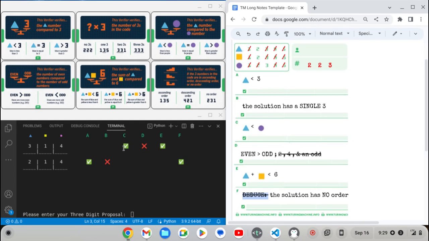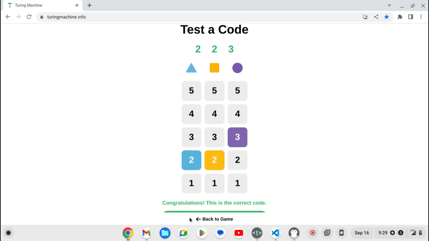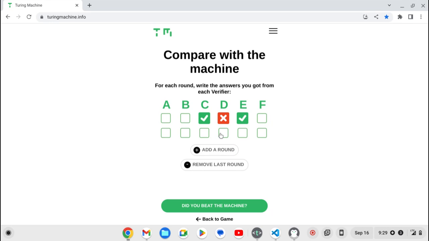So let's see. We did do C, D, E in the first round, and then we did the remaining 3 in the second round. And there was always a middle one that was incorrect. So let's type it in, C, D, E for the first round. So C was correct, D was incorrect, and E was correct.